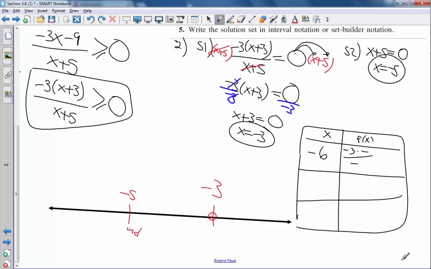What did I do? I only checked their signs. This is negative, that's negative. I don't care what exactly this number is. All I need is whether this is negative or positive. When I put -6 here, it's negative. When -6 makes this negative, what happens if you multiply negative by negative on the top? Positive.